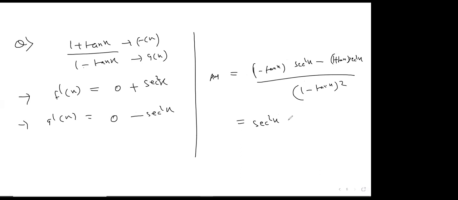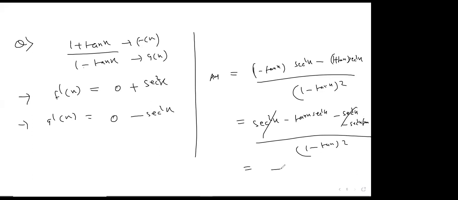This is secant square x minus tan x into secant square x, minus secant square x minus secant square x tan x, all divided by 1 minus tan x whole square. If this is cancelled, this is minus 2 tan x secant square x over 1 minus tan x whole square. This will be the answer.